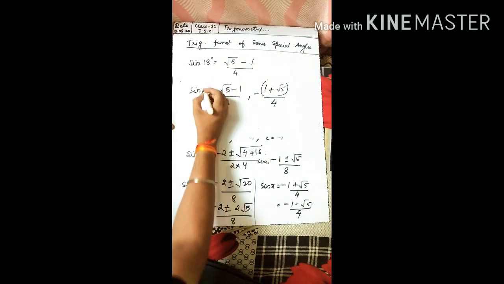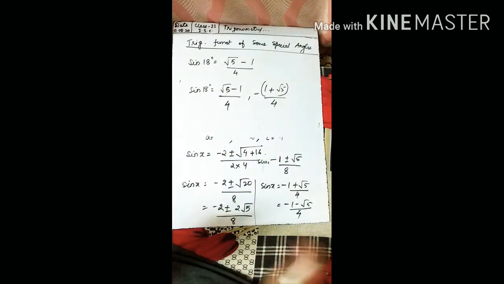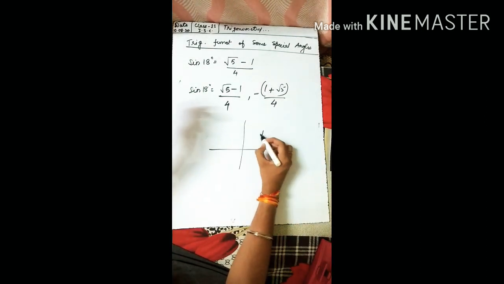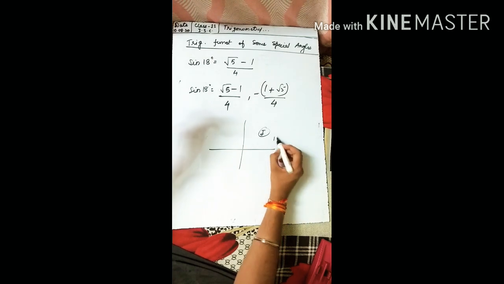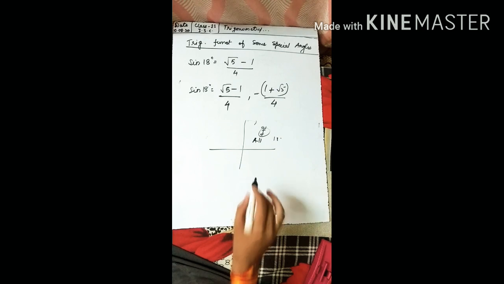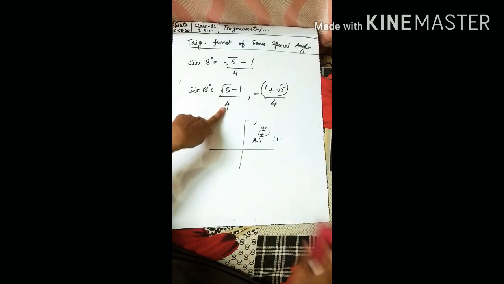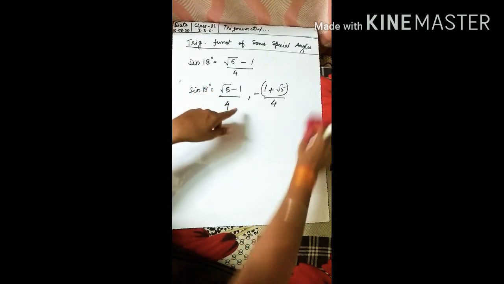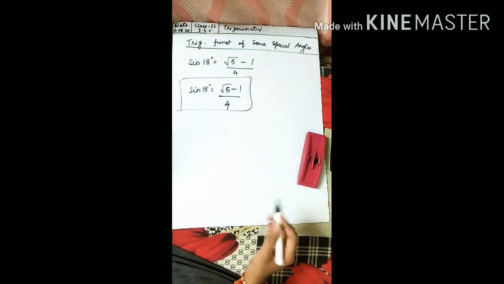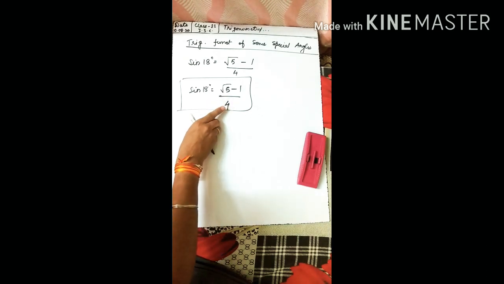So sine 18 degree is this one and this one. Now where will 18 degree lie in the quadrant? It will lie in the first quadrant, because 18 degree is less than 90 degree, and in the first quadrant all the trigonometric functions are positive. So we have to accept this answer and neglect this answer. This is inadmissible. So finally our answer is sin 18 degrees is equal to under root 5 minus 1 upon 4.